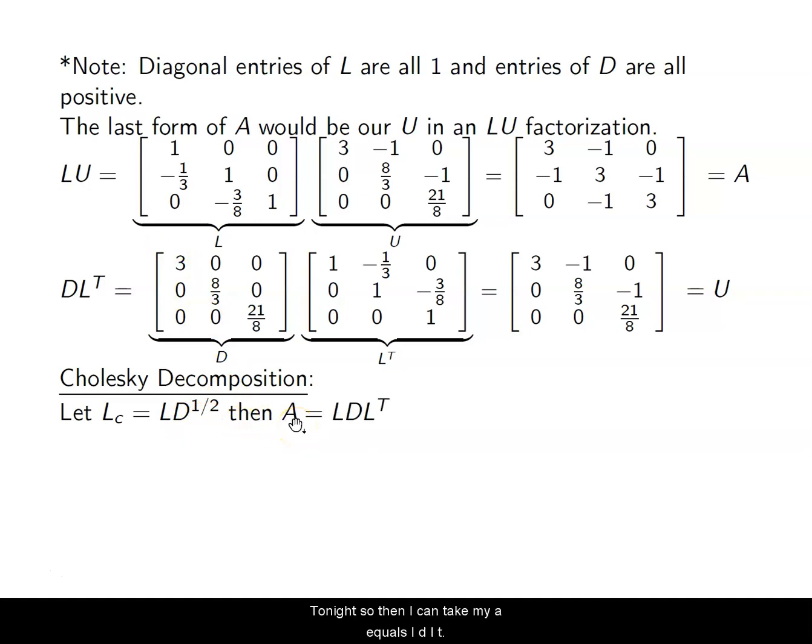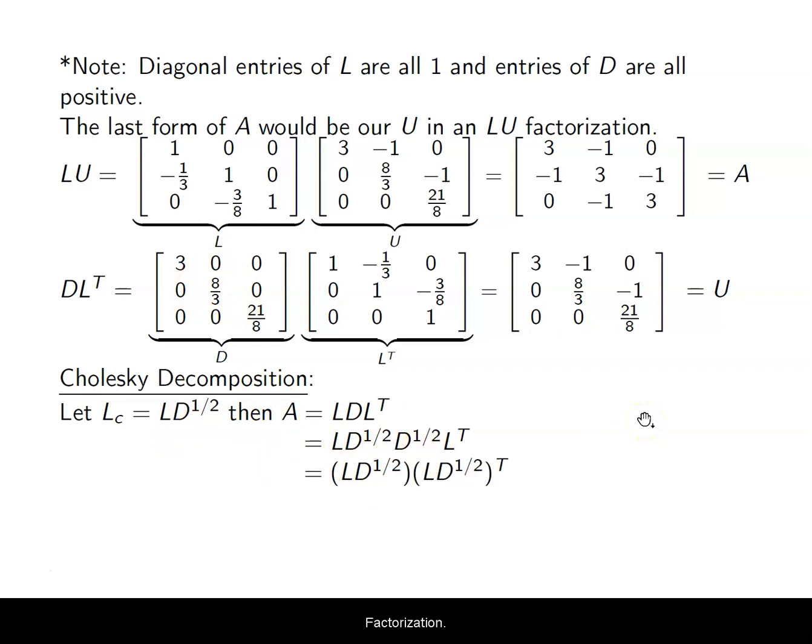Then I can take my A equals LDLT and break this down. Basically I'm going to take this D to the 1 power and split it into two parts. I'm going to turn it into L, D^(1/2), D^(1/2), LT. If I were to multiply this out, I would get the D diagonal matrix from the LDLT factorization.